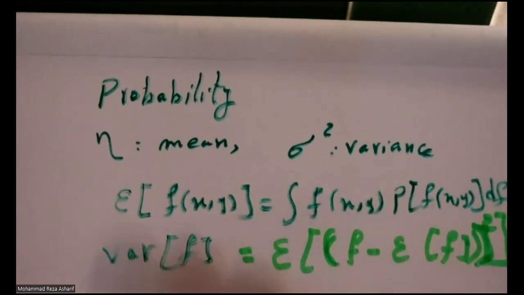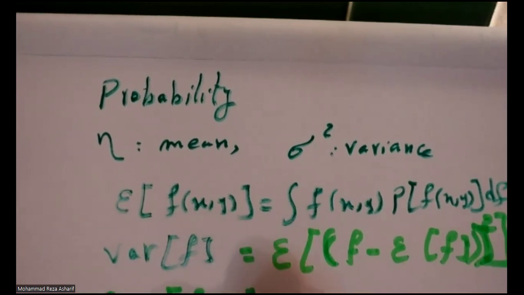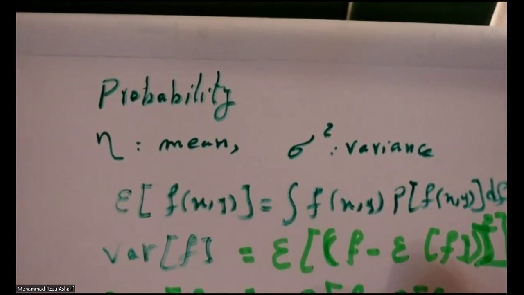I forgot to write. Also, the covariance between two images f and g is the expected value of f minus the expected value of f, multiplied by g minus the expected value of g.